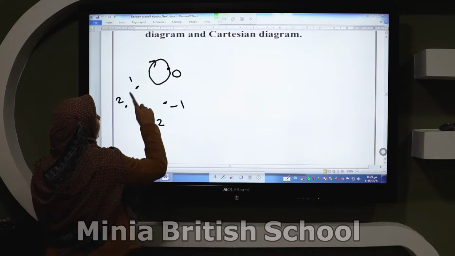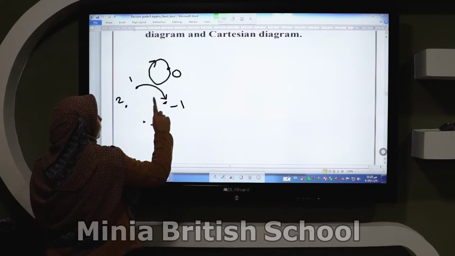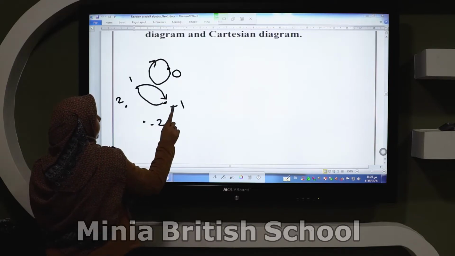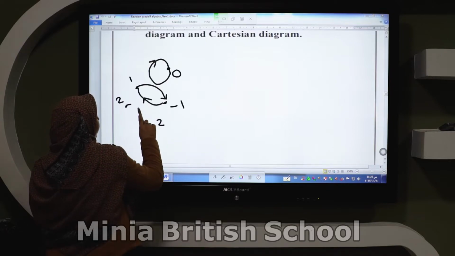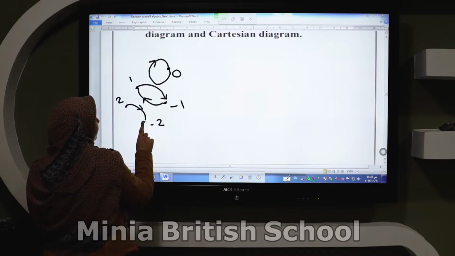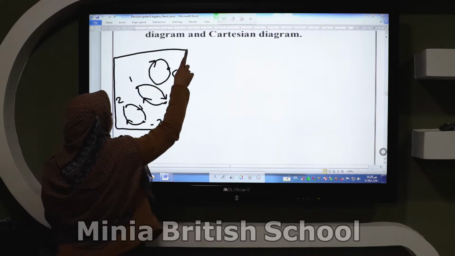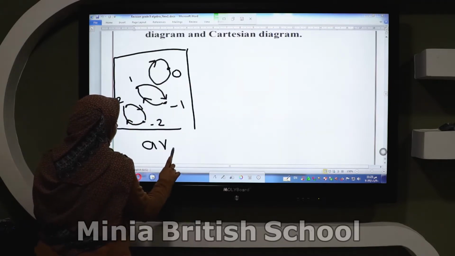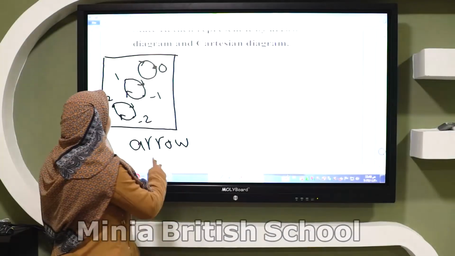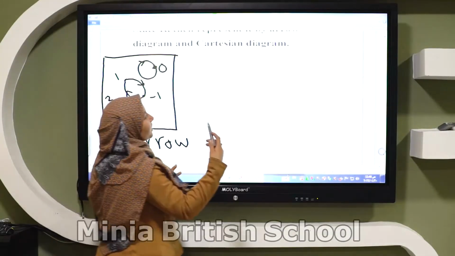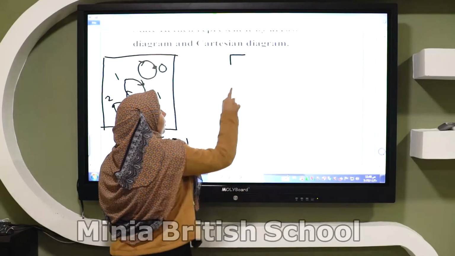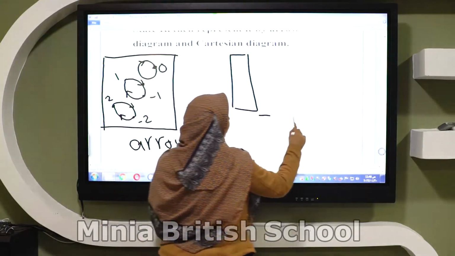The relation between them is 1 to -1 and from -1 to 1, and also from 2 to -2 and from -2 to 2. This represents the arrow diagram.